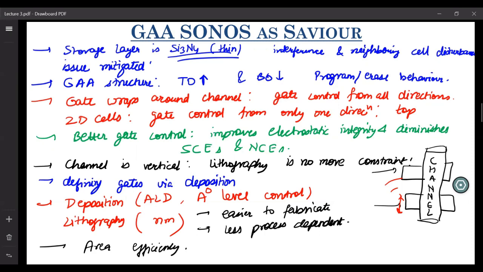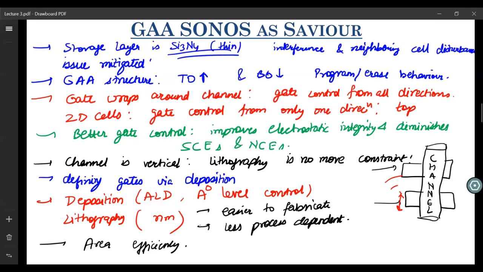So it's also area efficient. These features make your gate-all-around SONOS vertical channel devices more attractive as compared to 2D NAND flash memories.